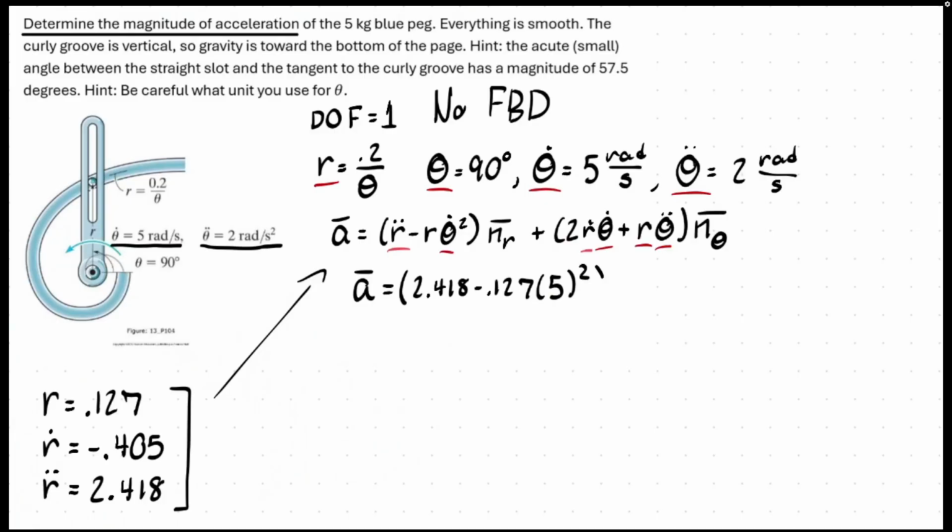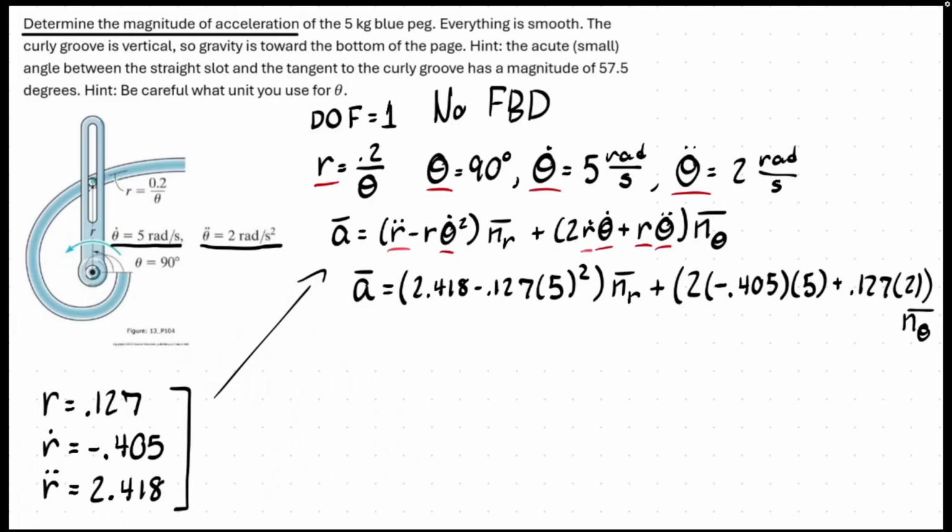And that value squared, and that's our radial component, plus our transverse component, which is going to be 2r dot, and r dot we solved to be negative 0.405, times theta dot, which was 5 again, plus r, which is 0.127, times theta double dot, which was given as 2. And then close this off, and this was our transverse component, so our transverse direction.